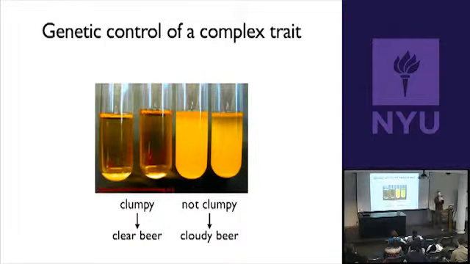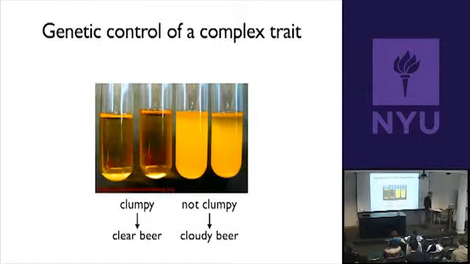Those cells stick to each other, more cells stick to those, more cells stick to those, until you get this big mass of cells, and the density of that mass is heavy enough so that it sinks to the bottom of the tube. With this beer, you can see a little bit of gravity having an effect and bringing down some of the yeast cells. But because they're not attached to one another, each one is floating free, their density is approximately the same as the liquid, and so they stay in suspension.